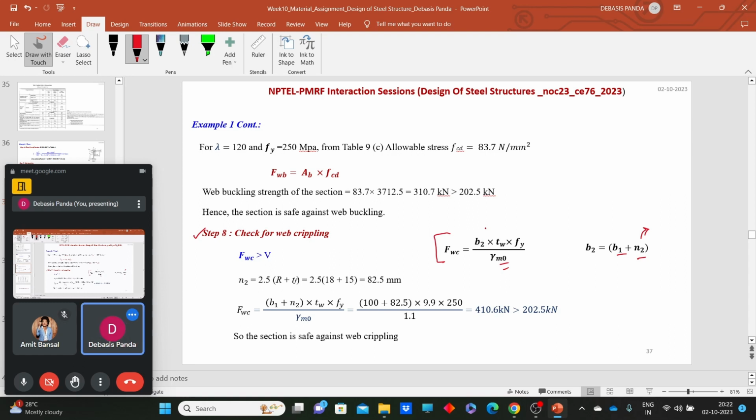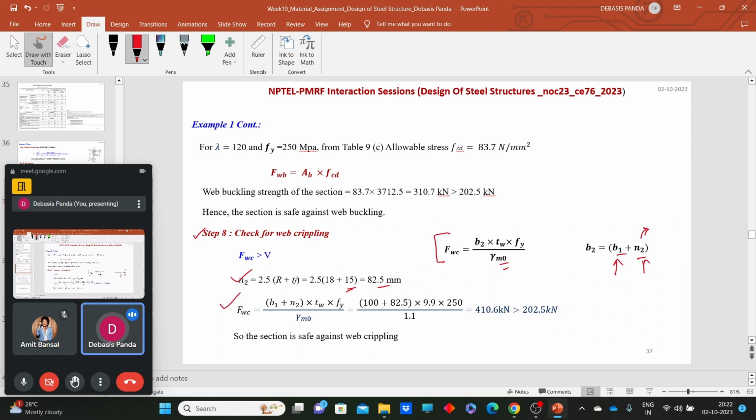We can calculate it using the bearing length whatever is given, and N2 we can calculate using the empirical load distribution whatever we have considered previously, like 1 is to 2.5. So N2 we can calculate like 2.5 times R plus tf. R for the ISLB 550 is 18 plus tf value is 15, so this comes as 82.5.